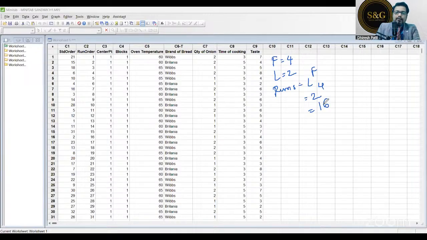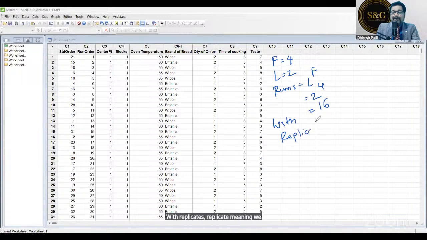Super. Very good. Now with replicates, replicate meaning we have to replicate each and every run. So 16 into 2 is equal to 32. Correct? So in total there will be 32 runs.